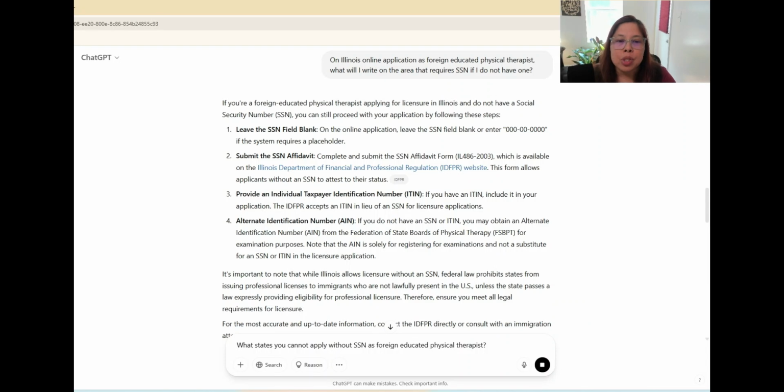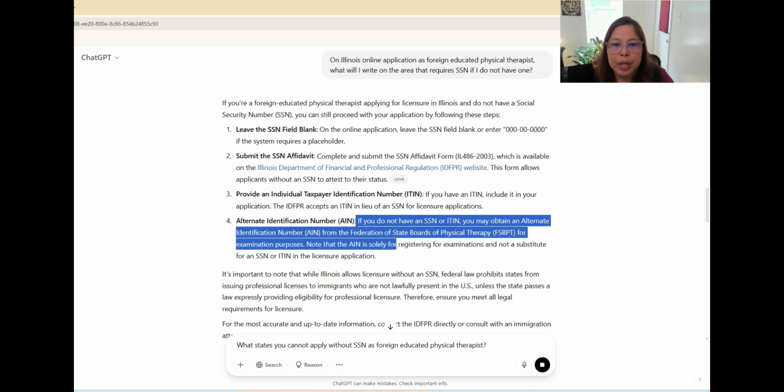There is also the AIN, the alternate identification number. If you do not have a social security number or ITIN, you may obtain an alternate identification number from the FSBPT for examination purposes. Note that the AIN is solely for registering for examinations and is not a substitute for a social security number or ITIN in the licensure application.